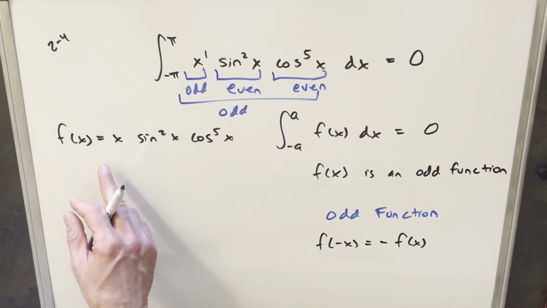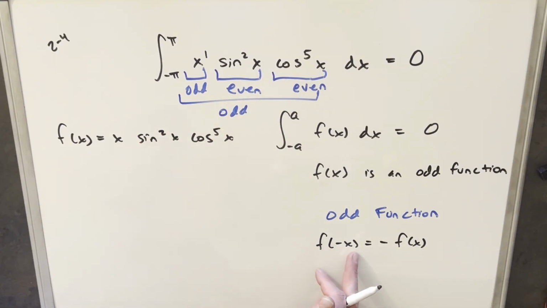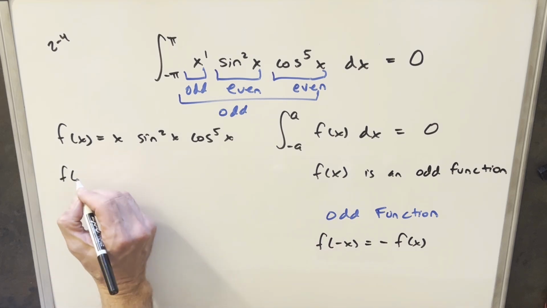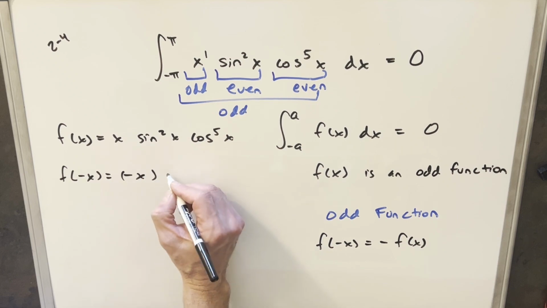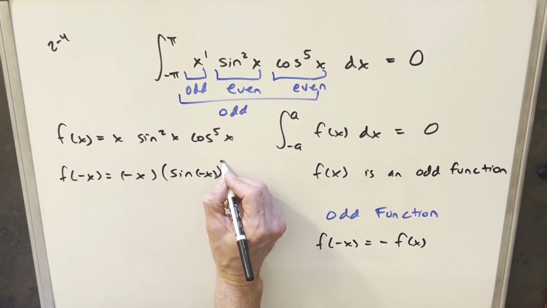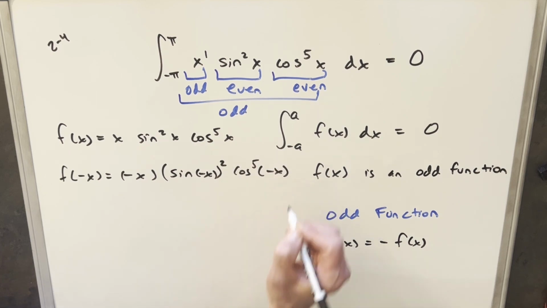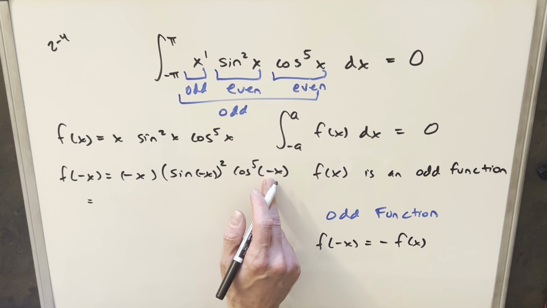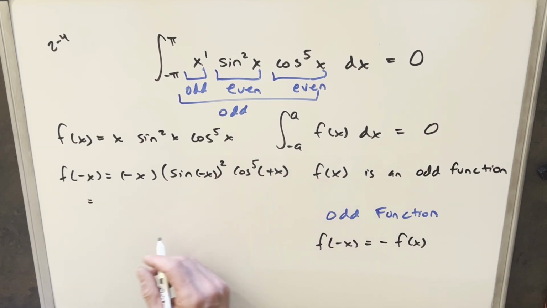And of course, we can just demonstrate this really quick, making the whole integrand our function and just using this definition. So if we just evaluate f of minus x, we're going to have here minus x. This is going to become sine of minus x, but we have it all squared. And then this is going to be cosine to the fifth of minus x. But because cosine's even, we can make that minus go away.